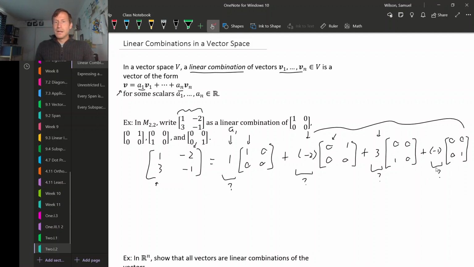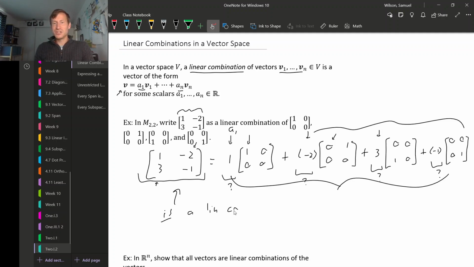All right. Now, I won't go through all of the arithmetic, but if you want to, you can check that if you do all of the operations on this expression on the right-hand side, you do indeed get the matrix 1 -2, 3 -1. And so this matrix is a linear combination of these other 4.